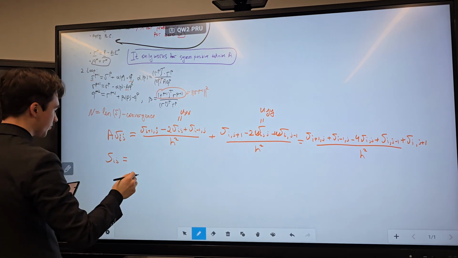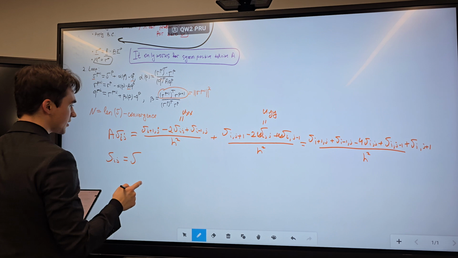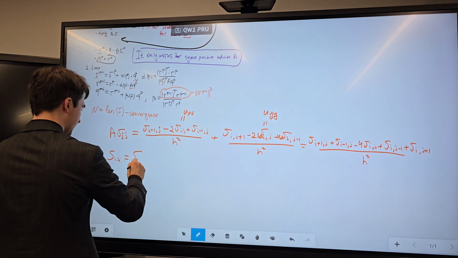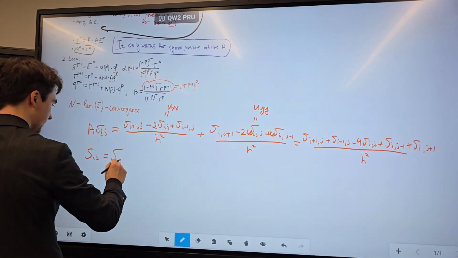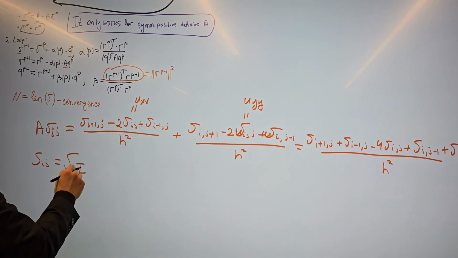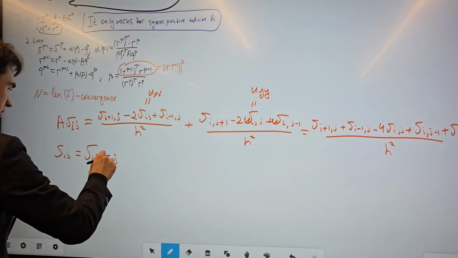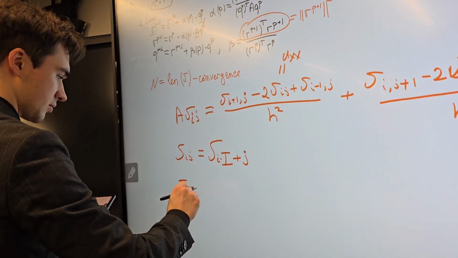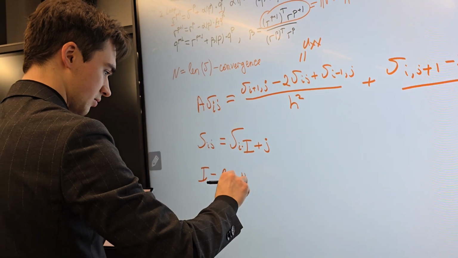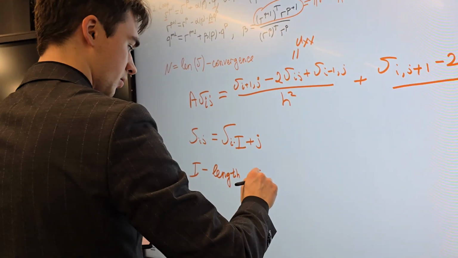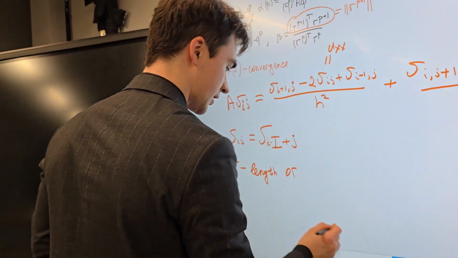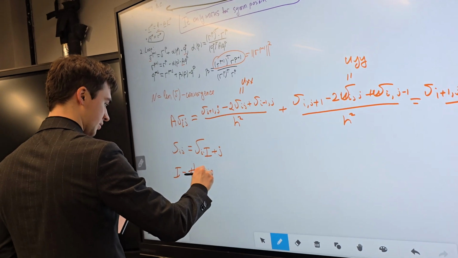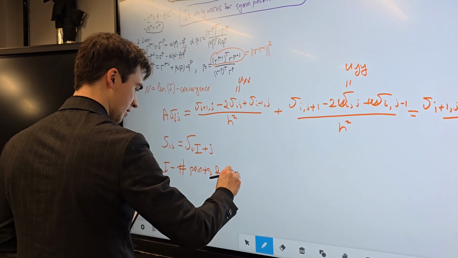For example, Vij can actually be written, if you want to use a 1D notation, as V of I times I big plus j, where I is, well, maybe it's better to say it's the number of points for the x direction.